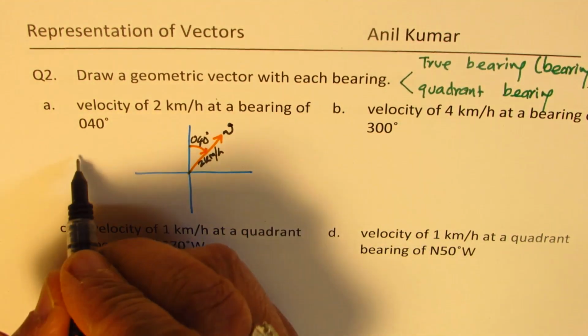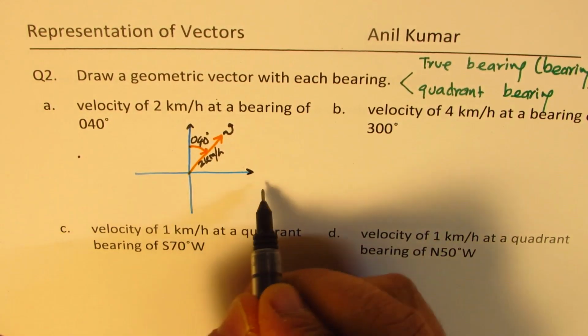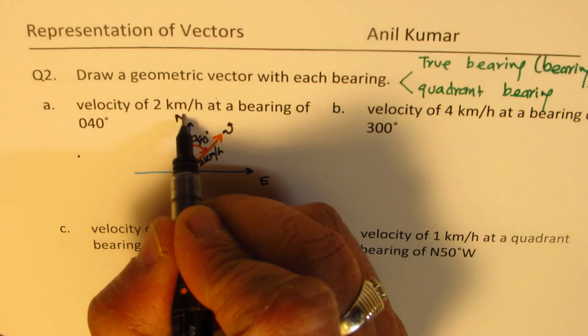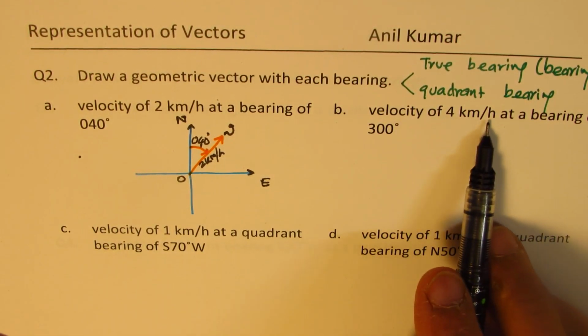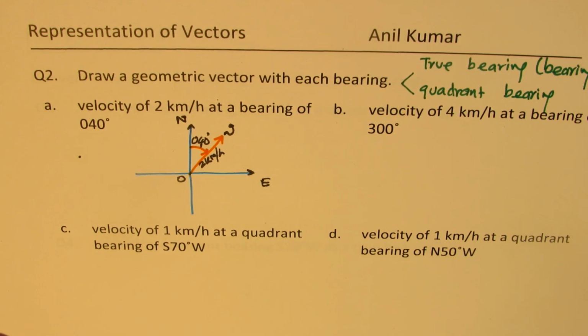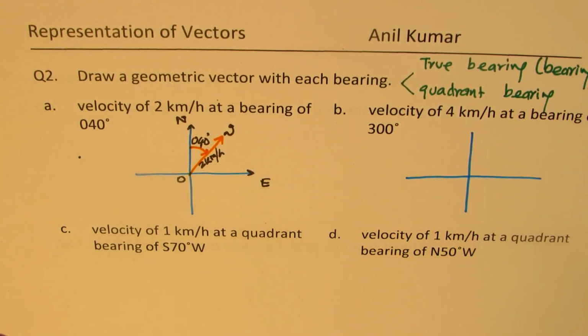So let's call this as V. Perfect. So this is your east and this is your north. B. Velocity of 4 kilometers per hour at a bearing of 300. So 300 is the degrees from north.